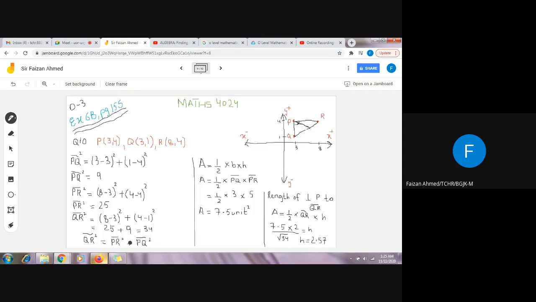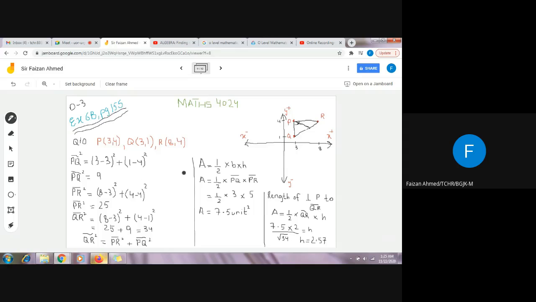So this relation is true. This means this triangle is a right angle triangle. I have shown through my working that the lengths of the three sides follow the Pythagoras theorem.